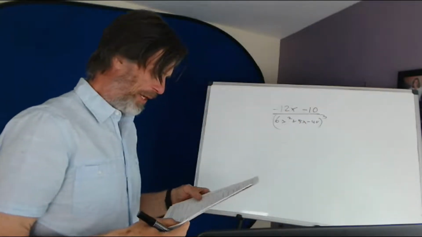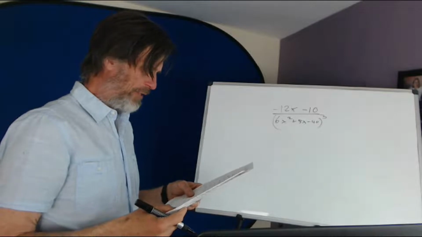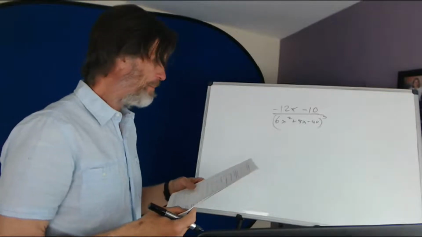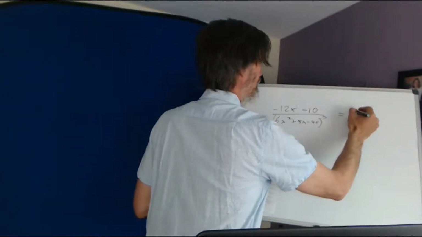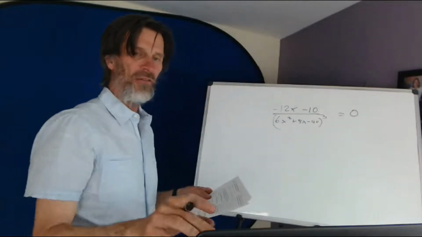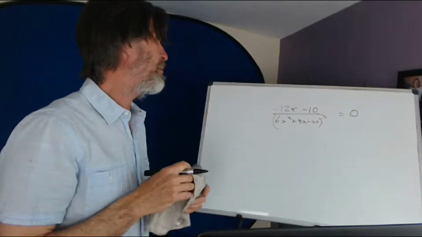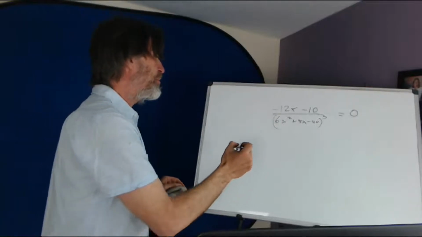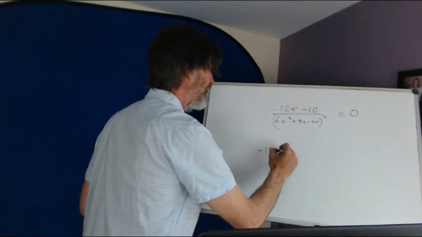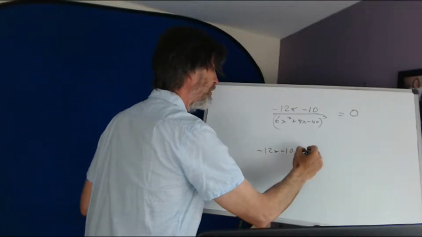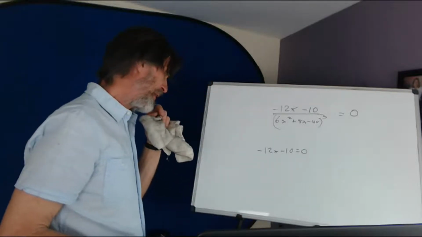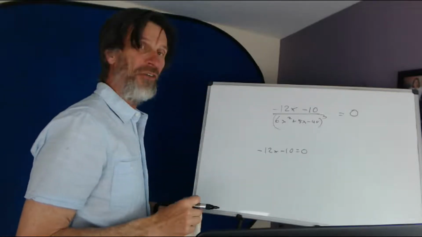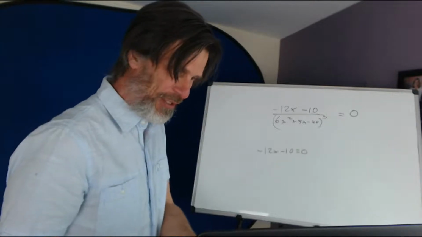I'm going to check my mental math real quick. 12x plus 5 times a minus 2. Yep. Set that equal to 0 and solve. Well, just as I mentioned on the previous problem, the only time a fraction is 0 is when the numerator is 0. When it's negative 12x minus 10 equal to 0. 2 steps of algebra later, you get what? Negative 5/6, I guess. Okay.